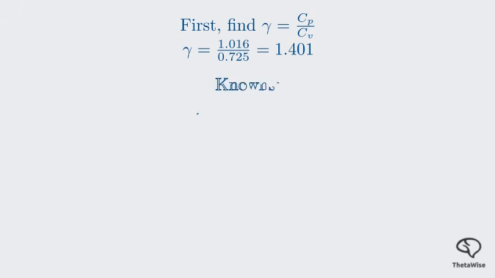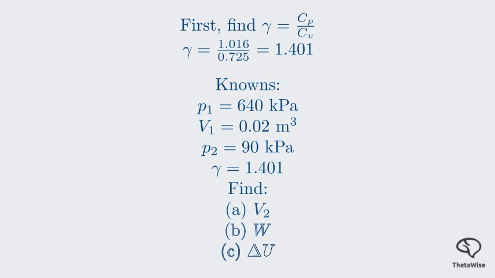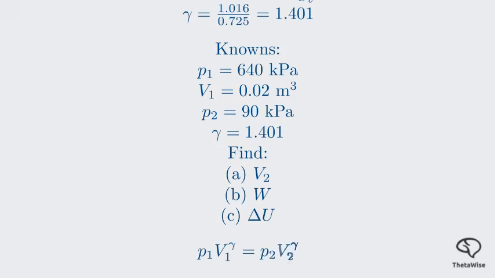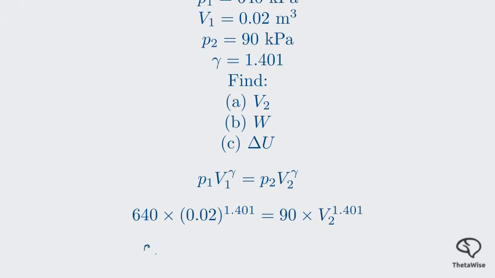Now, let's list our knowns for the problem. Initial pressure and volume, P2, and the calculated gamma. We need to find V2, W, and delta U. For part A, the final volume, we'll use the state relation P1 V1 to the gamma equals P2 V2 to the gamma. Plugging in our numbers, 640 times 0.02 to the 1.401 equals 90 times V2 to the 1.401.